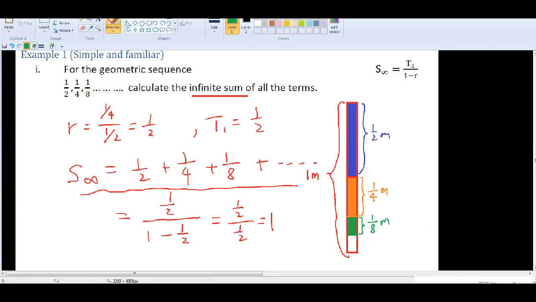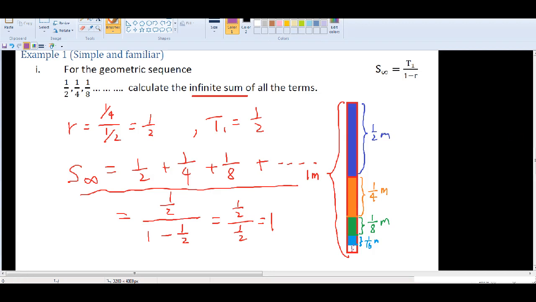Let's say we do it more. Another half, which is 1/16 meter, and we move on, but we can't draw it any smaller, right?